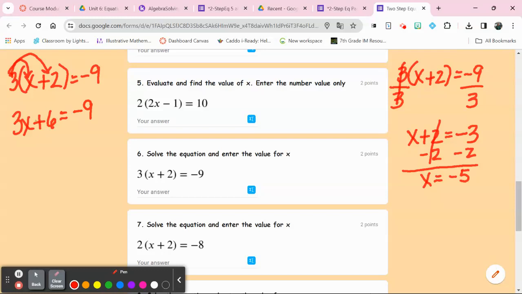The opposite of a positive 6 is a negative 6. And what we do to one side, we do to the other. That cancels out, leaving me with 3 times x equals. Same sign. Since they're both negative, we're adding 2 negatives. We keep the sign, add the numbers. The opposite of multiplying by 3 is dividing by 3.